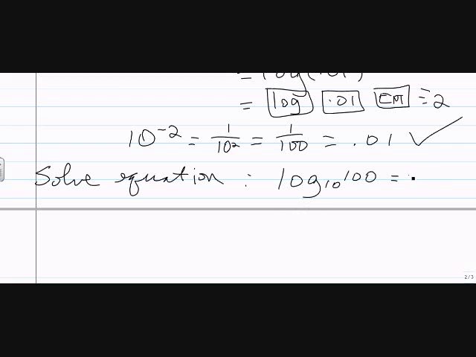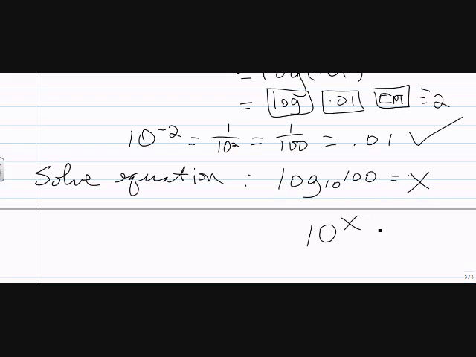So instead, I'm just going to say, all right, call it equal to x. And now, instead of solving an equation with logarithms, I change this to an exponential. My base is 10. What's my exponent? Which one of these numbers is the exponent?